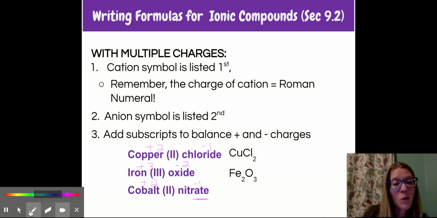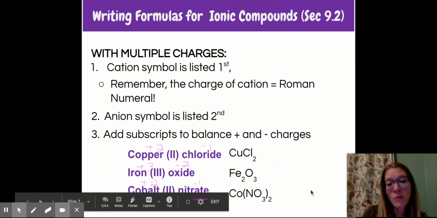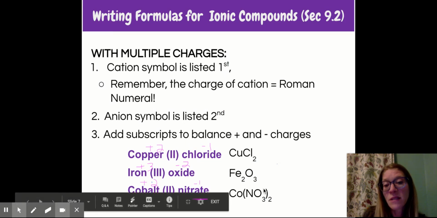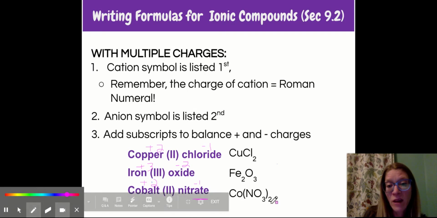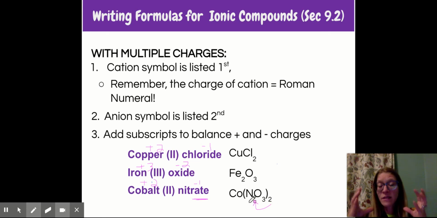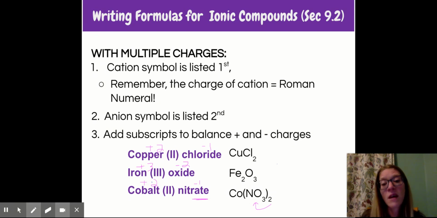So what you do is, if you have more than one polyatomic ion, because NO3 is a group of atoms and NO3 cannot change, you have to use parentheses around the formula to show that you need 2 of that entire thing. So just like in math, that 2 would get distributed to show that you have 2 NO3s. So you have NO3 and NO3. You have 2 of that entire ion.